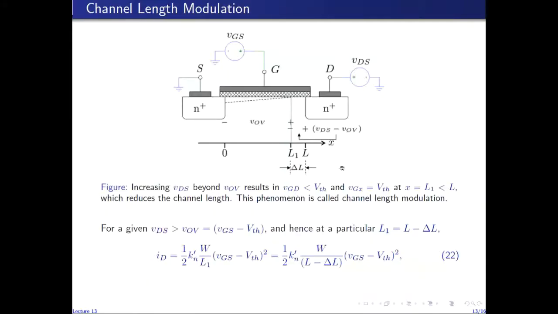So this statement can be verified by looking at the cross-sectional diagram of the NMOS again. Beyond VOV, when VDS increases beyond VOV, the point at which the channel gets pinched off moves to the left, and this decreases the effective length of the channel.